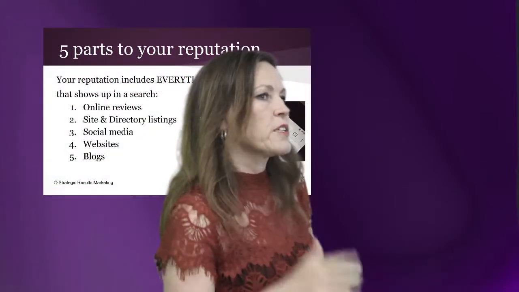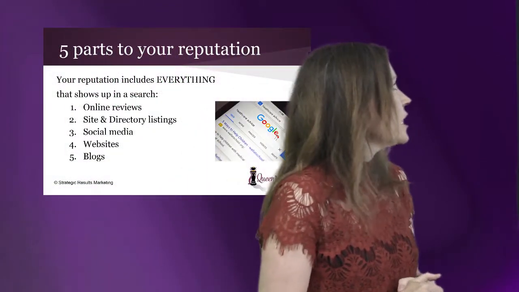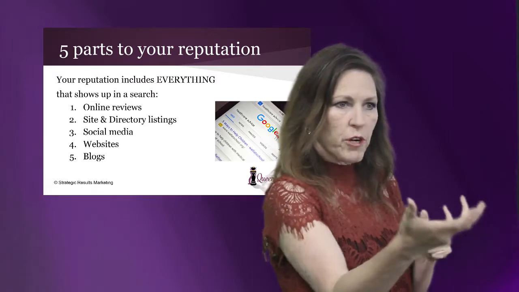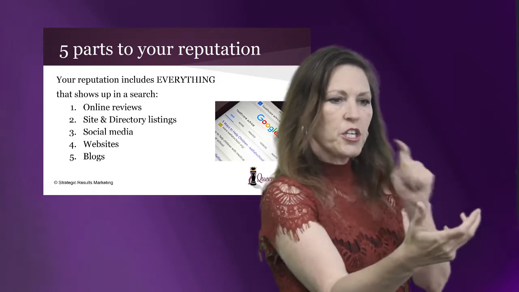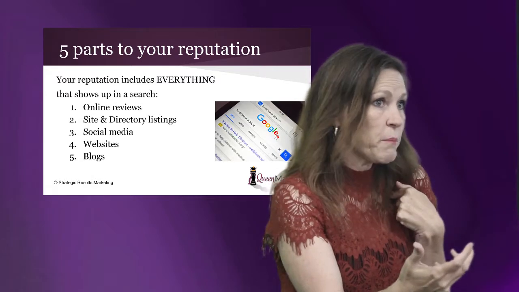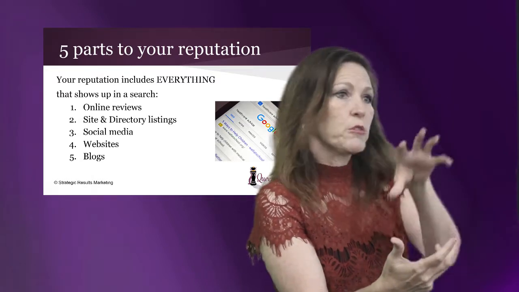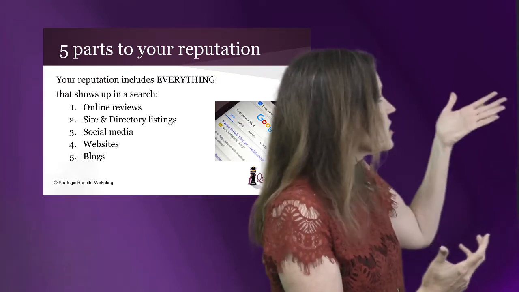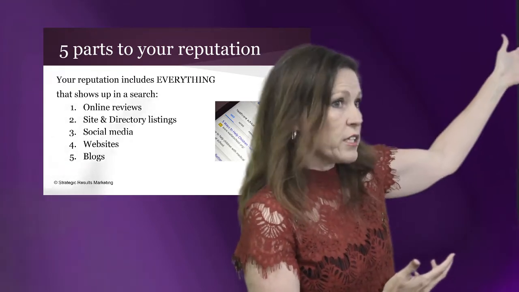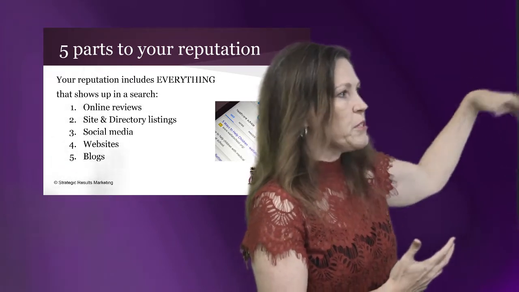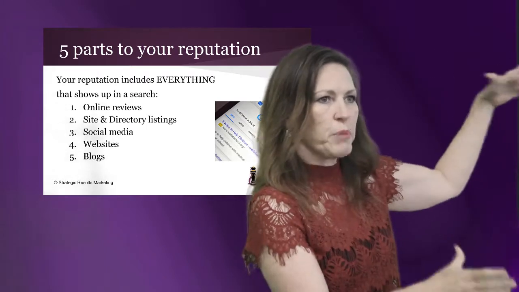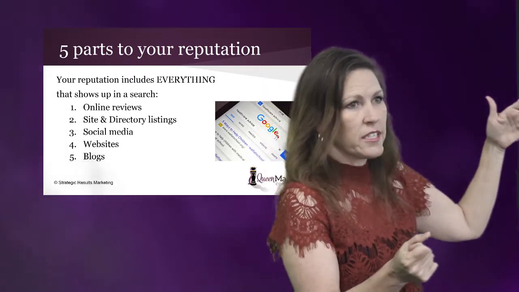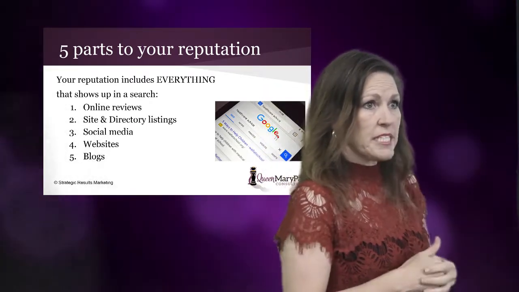So there's 5 parts to your online reputation. It includes everything. Pick up your phone right there that you've got. You punch in information about me, and it's going to include a whole bunch of stuff on there. Everything that shows up in a search is part of your online reputation. Your reputation is the whole entire picture in that first impression that happens in a split second.